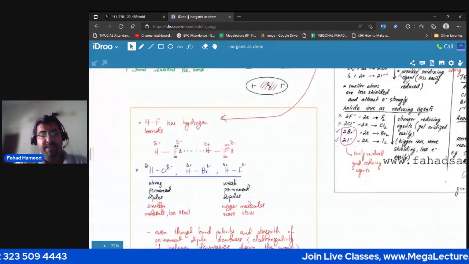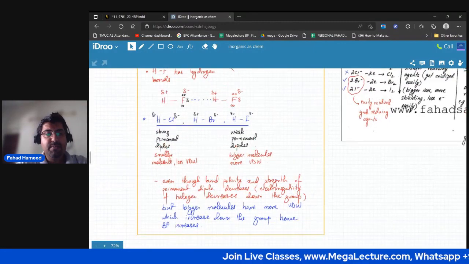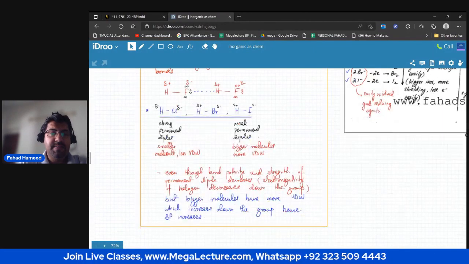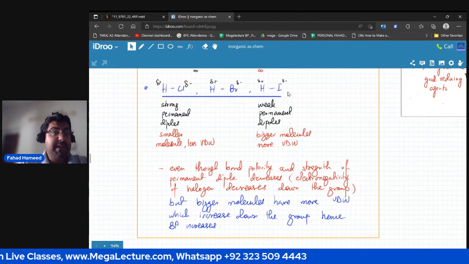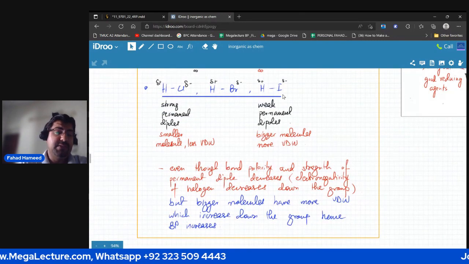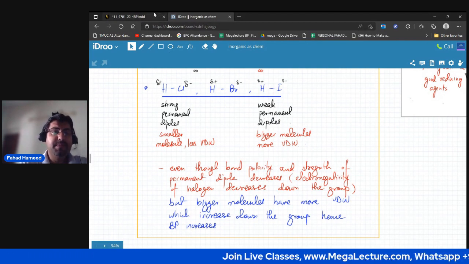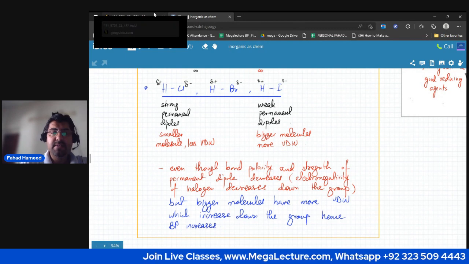The explanation is also provided that HF has hydrogen bonds. The polarity of HI is lesser, so it's going to have weaker permanent dipoles, but it's a bigger molecule, so it's going to have more van der Waals forces, more temporary dipole, induced dipole attractive forces.